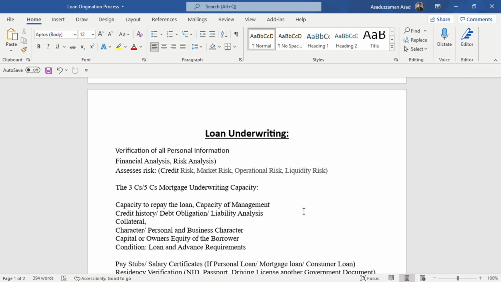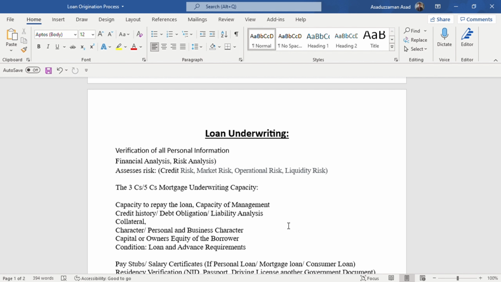Then the underwriter will have to analyze the character, personal character and business character. Then the underwriter will analyze the capital or owner's equity of the borrower. And then the underwriter will analyze the condition, loan and advance requirements fulfilled by the borrower.